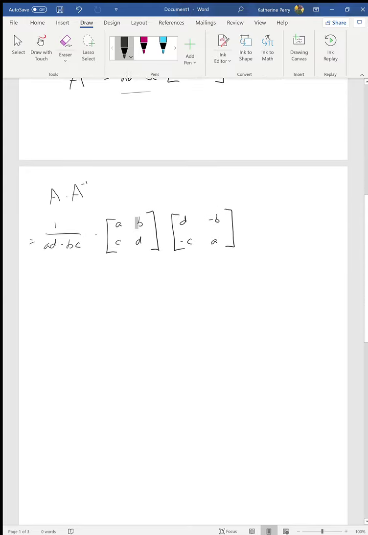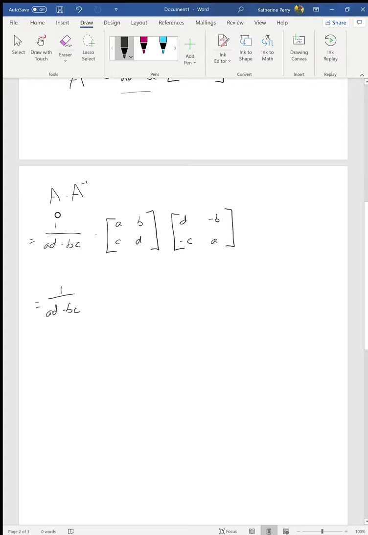And again, we know how to do this matrix multiplication. So this is equal to, again keeping my scalar on the outside, 1 over ad minus bc, and here I have my matrix A times each column.